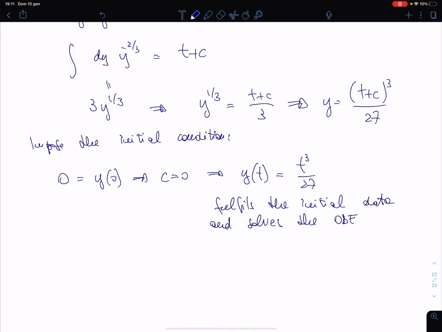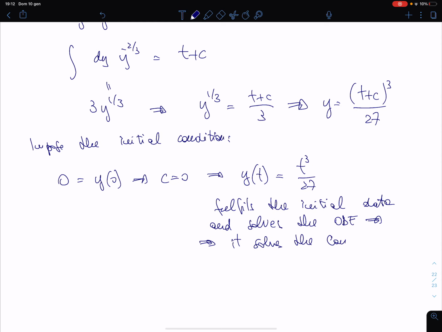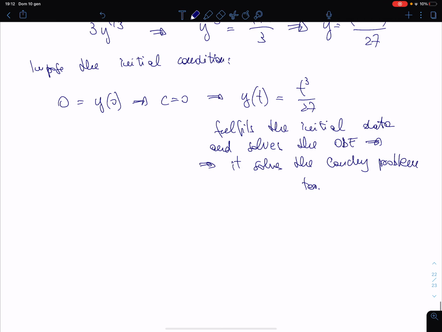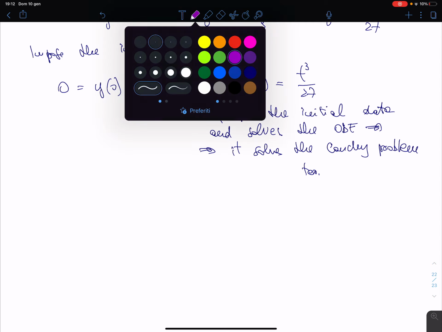So it solves the Cauchy problem too. So this Cauchy problem has two solutions.